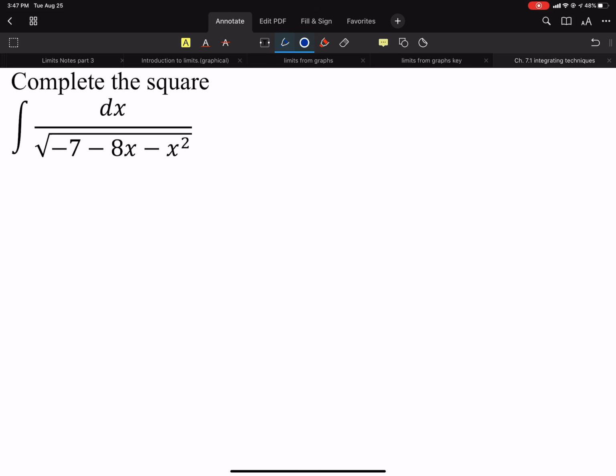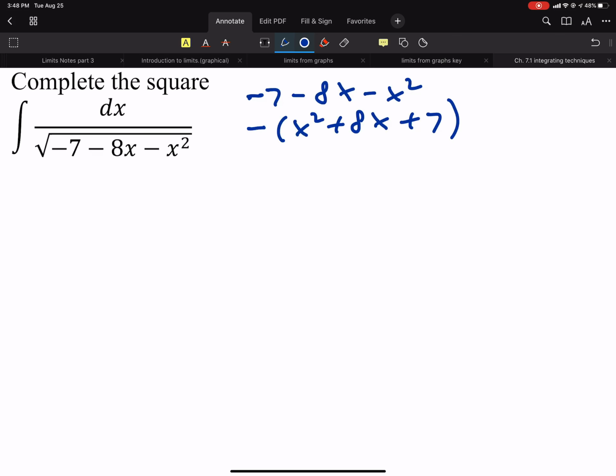So here's what we're going to do. Complete the square. We're going to try to make the denominator. This is side work, by the way. We're going to factor out the negative sign. We get x squared plus 8x plus 7.